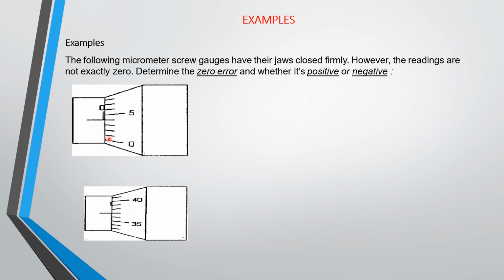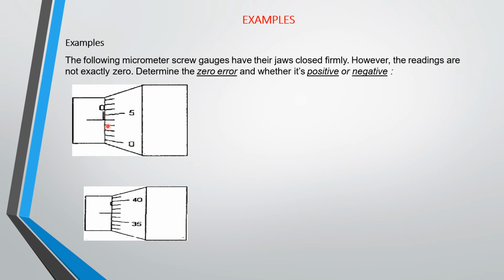You see that this vernier scale is to the right of the 0 on the main scale. If the vernier scale is to the right of the 0 on the main scale, then your reading will be positive.